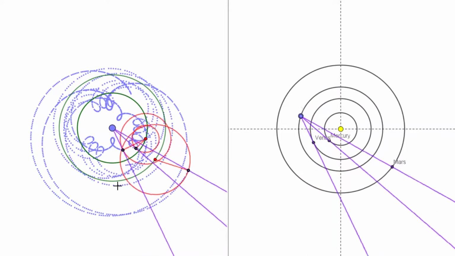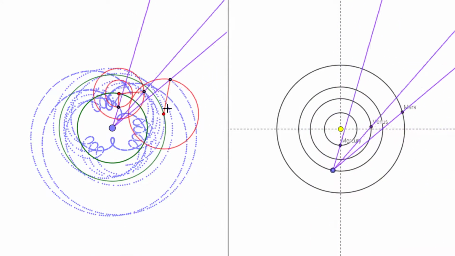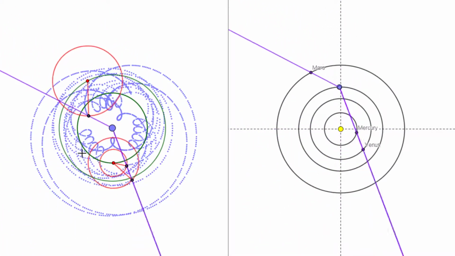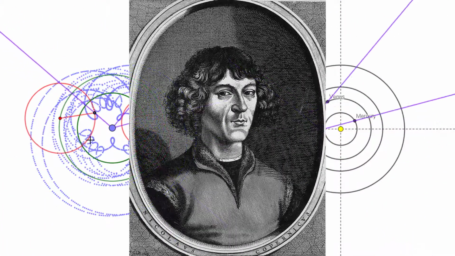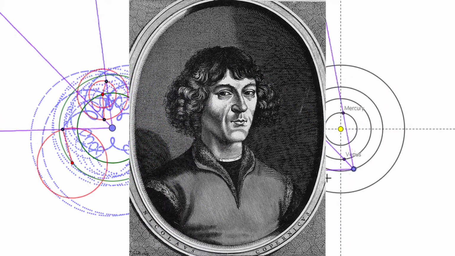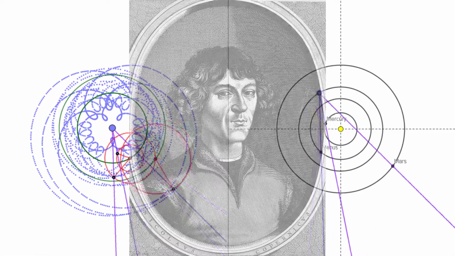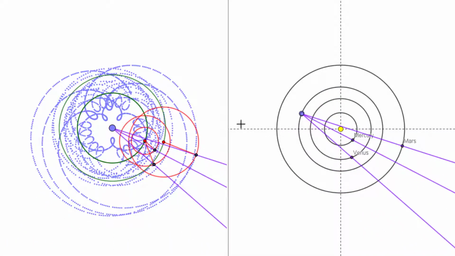So yeah, it's complicated, but it's a whole lot cleaner than just looking at the paths themselves. Now, what Copernicus did when he came along was he did a very simple transformation. He simply moved the center point from the Earth to the sun.